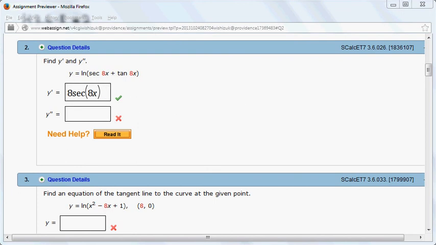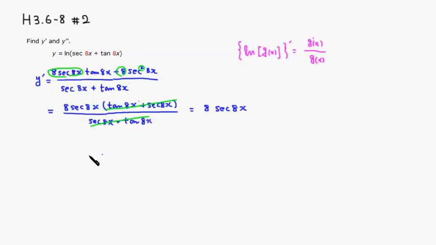All right, let's take another derivative. So y double prime is going to be equal to, so 8 is a constant multiple, so just put 8 in front. And the derivative of secant of 8x is secant 8x times tangent of 8x.